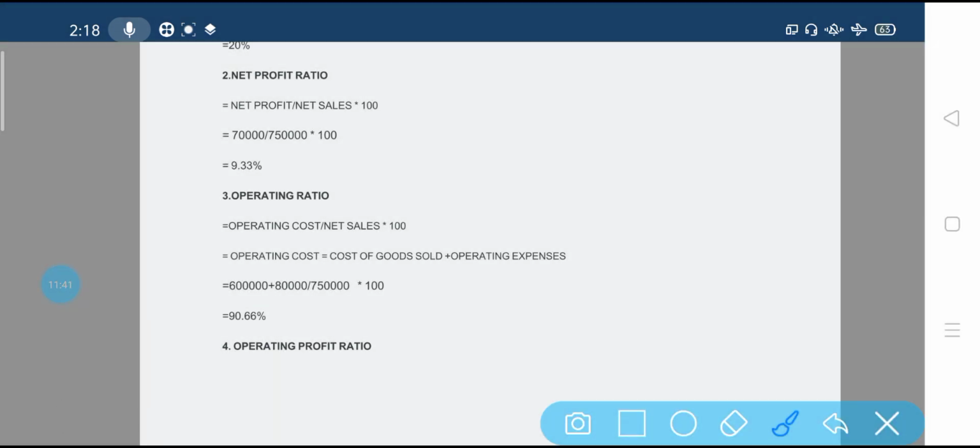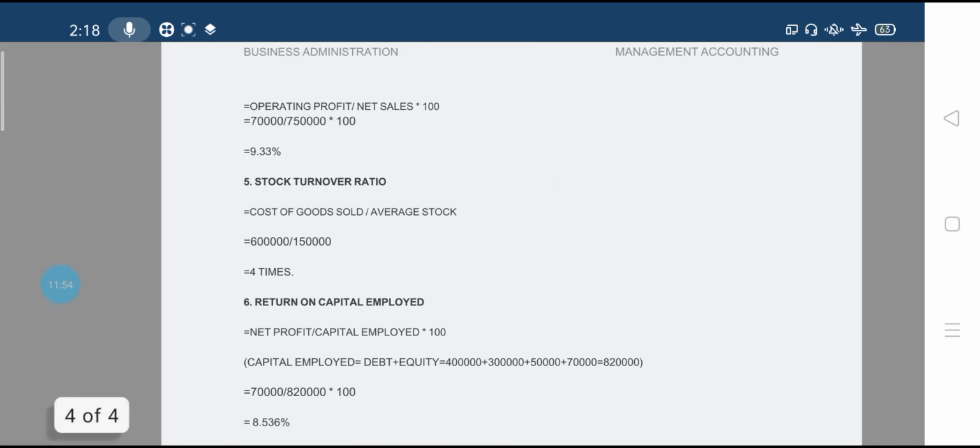So cost of goods sold 6 lakh plus 80,000, 6 lakh 80,000 divided by 7 lakh 50,000. Operating cost ratio will be 90.66%.